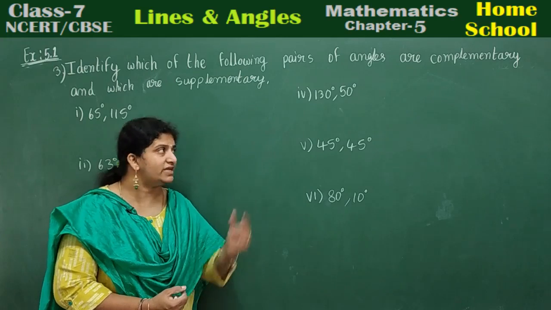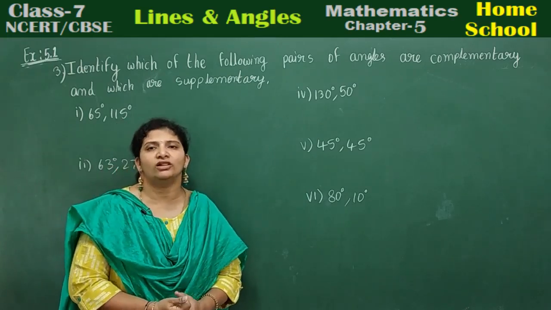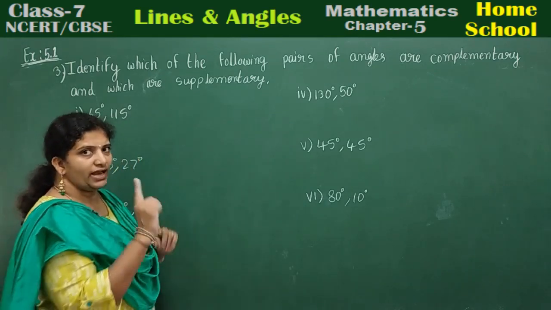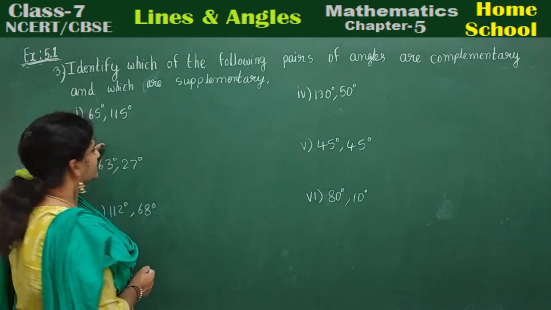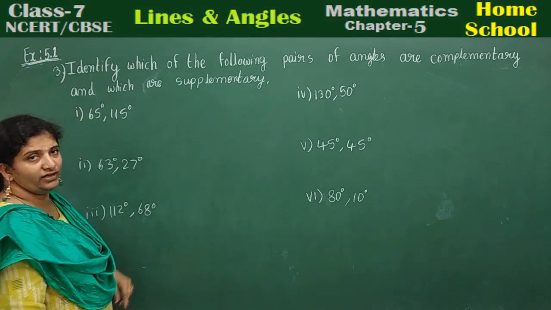If the sum of these two angles is equal to 180 degree, then we call them as supplementary angles. Let us check it out. 90 complementary, 180 supplementary.